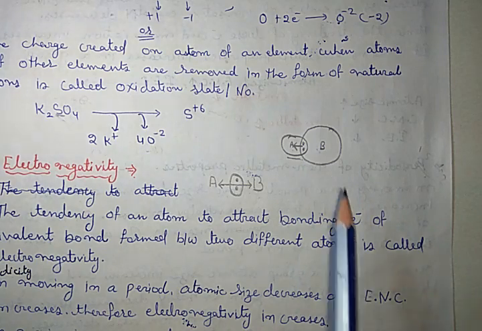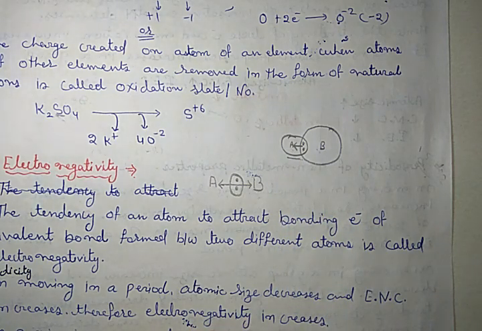Got it? That means we can say that atoms of small size have more electronegativity.